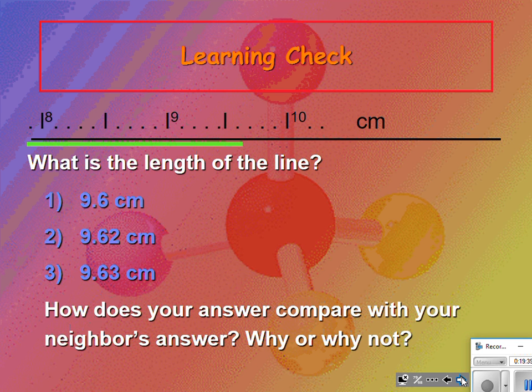I know that this is 9. I know that this is 9.6. There's no estimation there. Could you have picked 2? Could you have picked 3? Either one of those, 2 or 3, would be acceptable for this. 1 would not be acceptable. 2 and 3 would be okay.